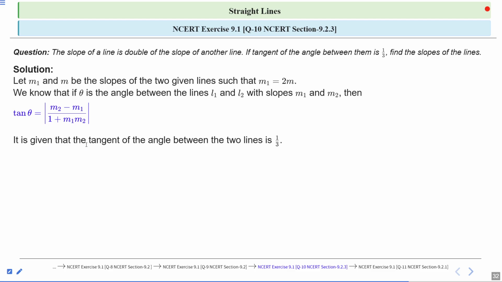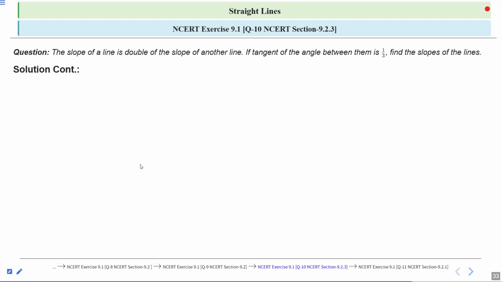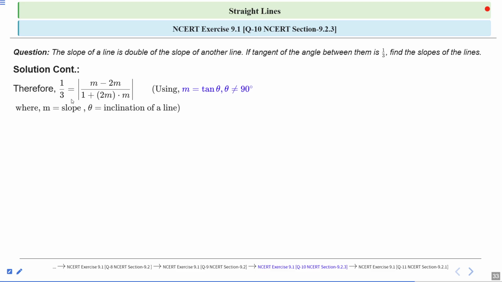It is given that the tangent of the angle between the two lines is 1/3. Therefore 1/3 is equal to the modulus of (m minus 2m) divided by (1 plus 2m times m). Here m is equal to tan theta, and theta is not equal to 90 degrees, where m is the slope and theta is the inclination of a line.